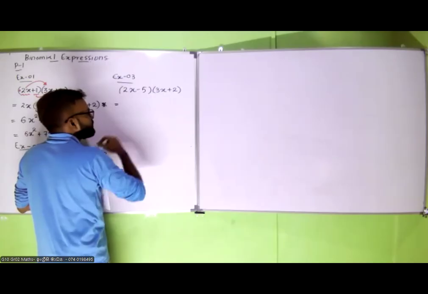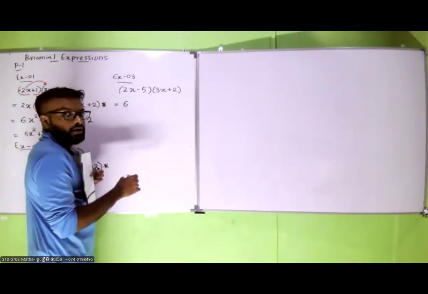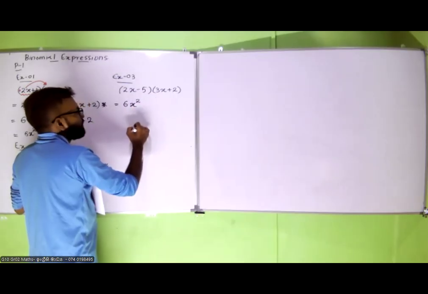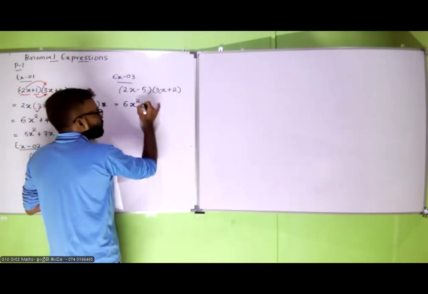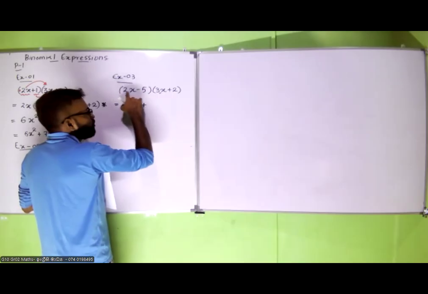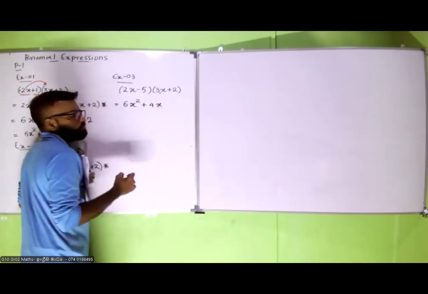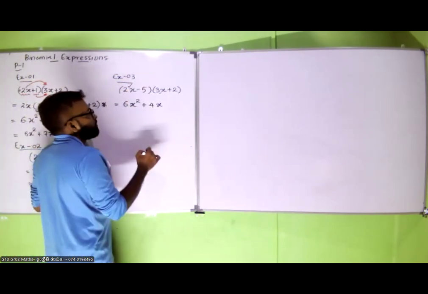Numbers: 2 times 3, 6. x into x, x squared. This is done. Positive into positive, positive. 2 into 2, 4. Here you have x. So this is totally done.